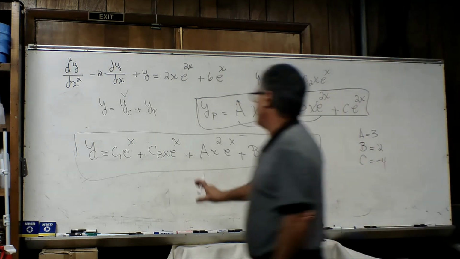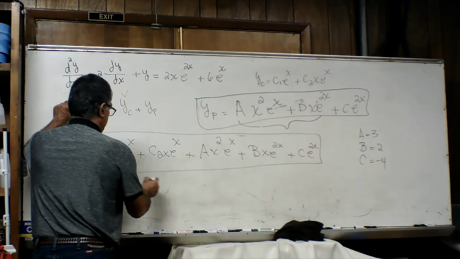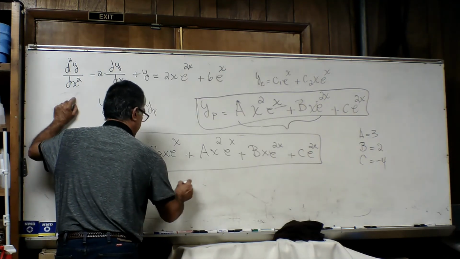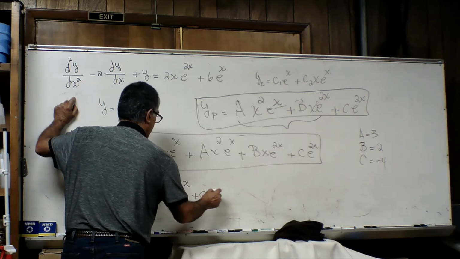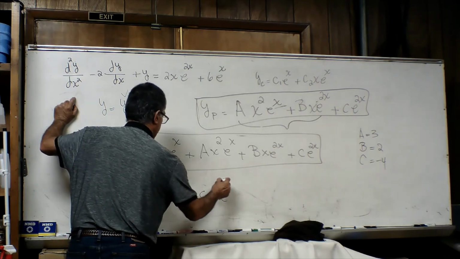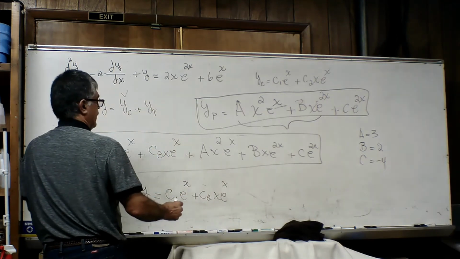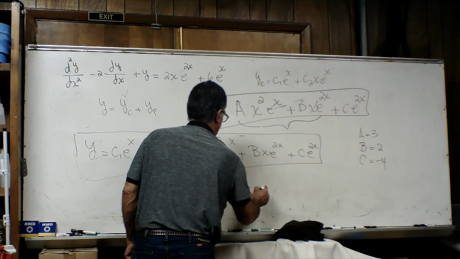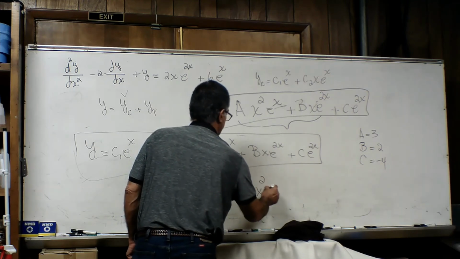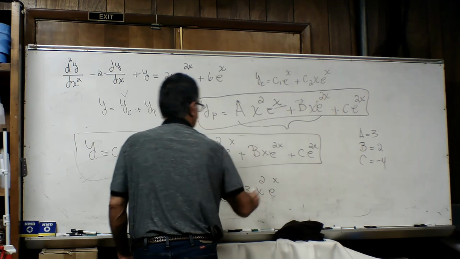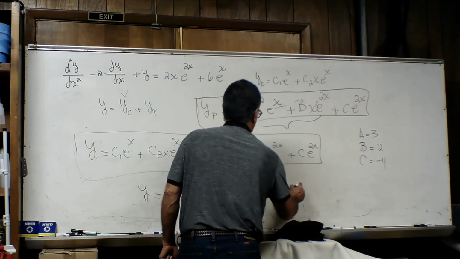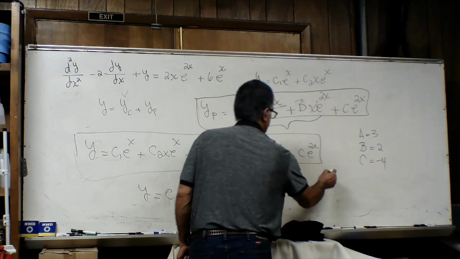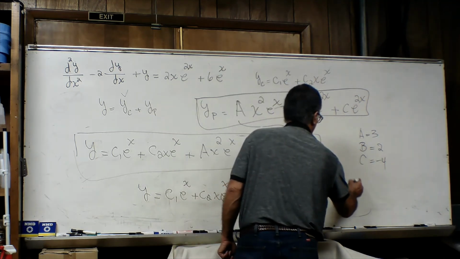So the general solution for this will be y equal to c1 e to power x plus c2 x e to power x plus 3 x squared e to power x plus 2 x e to power 2x minus 4 e to power 2x.